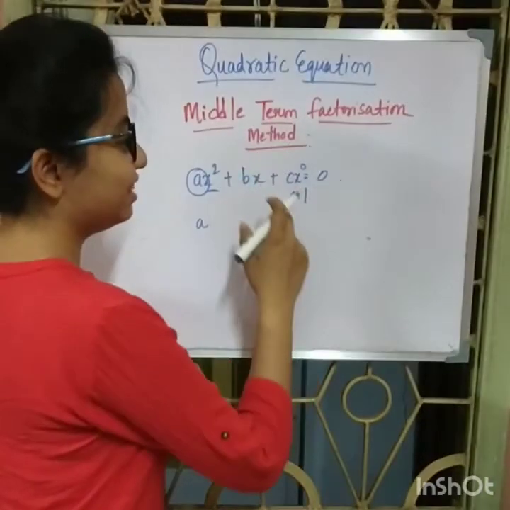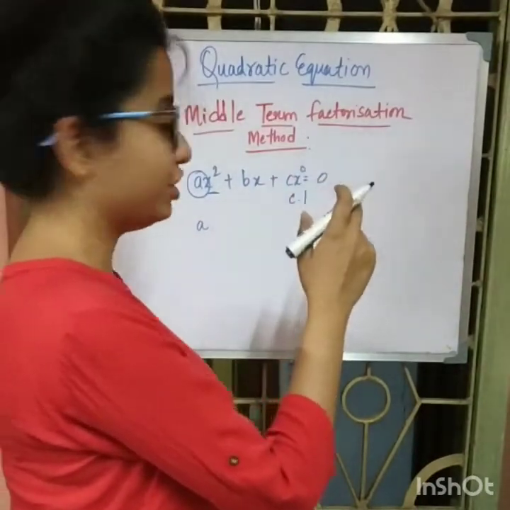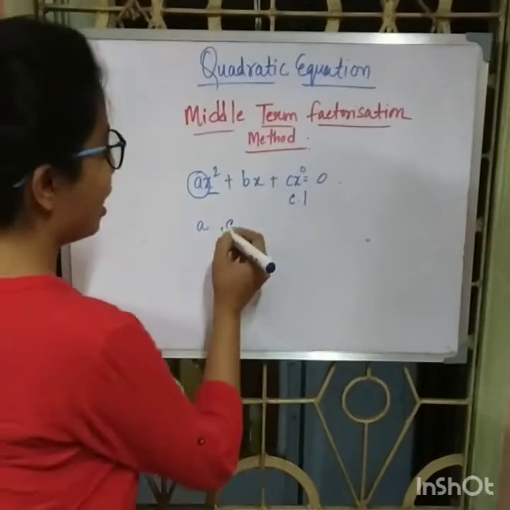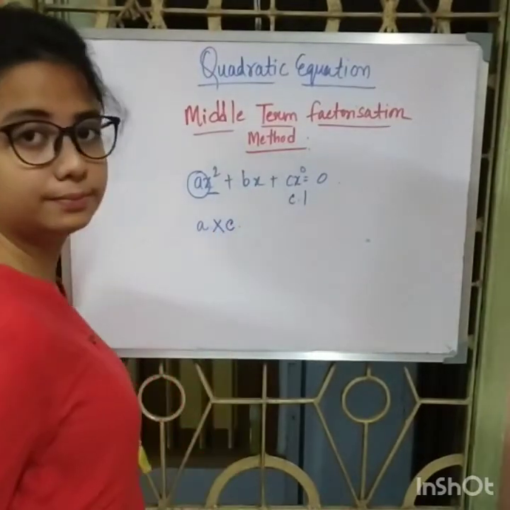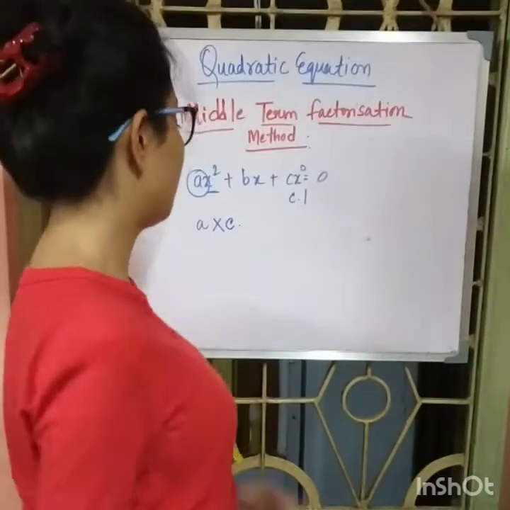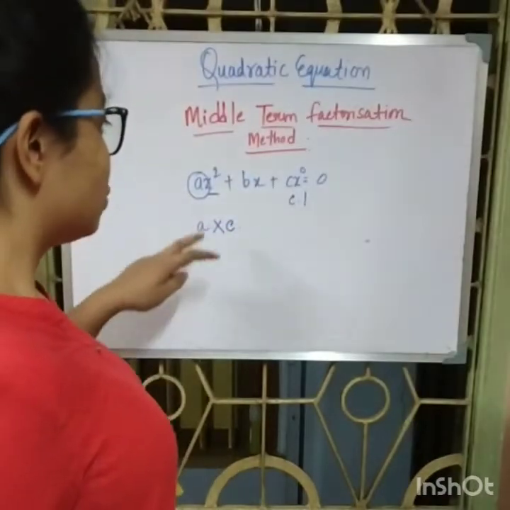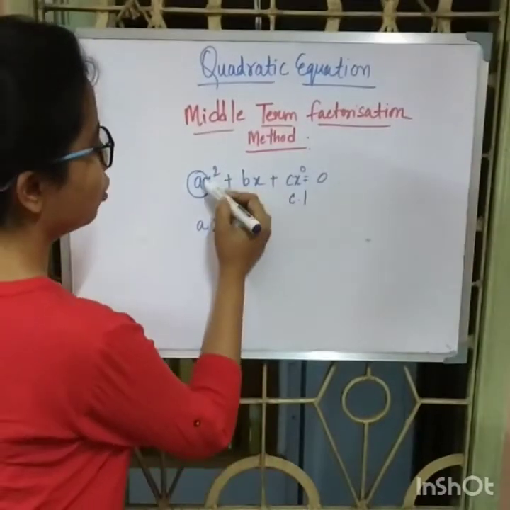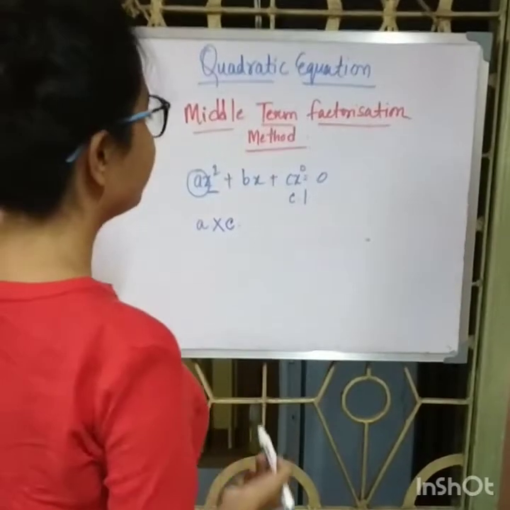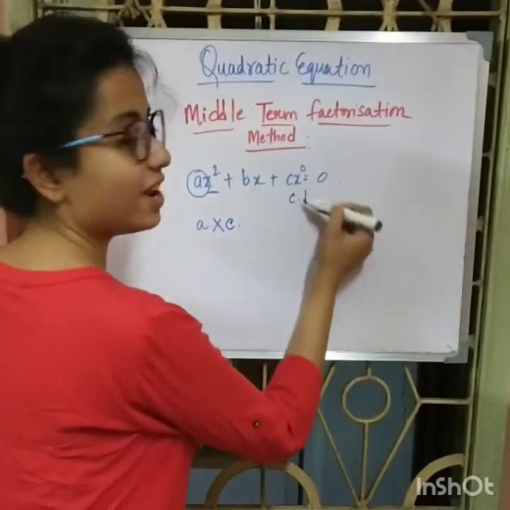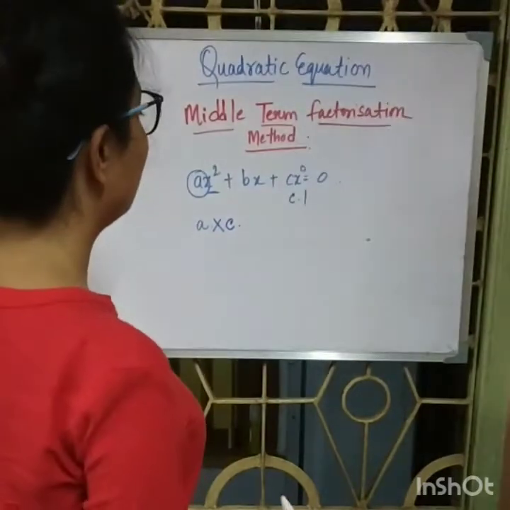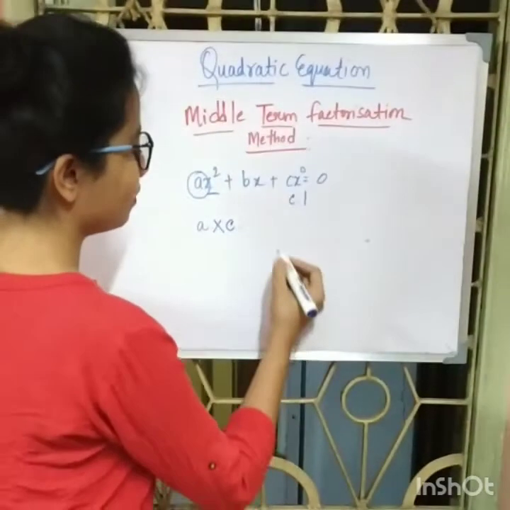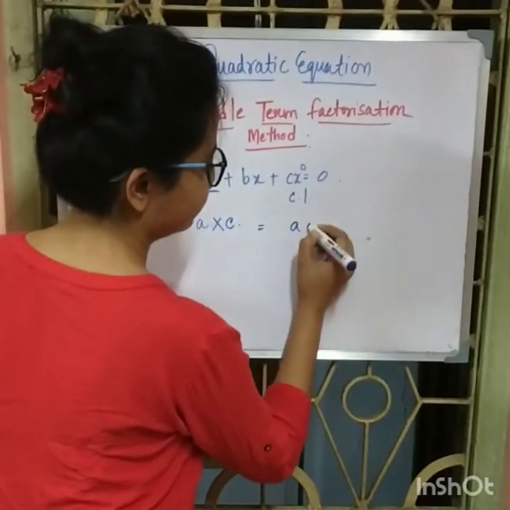So we take this last coefficient, that is c, and we multiply them. Okay, and it comes ac.